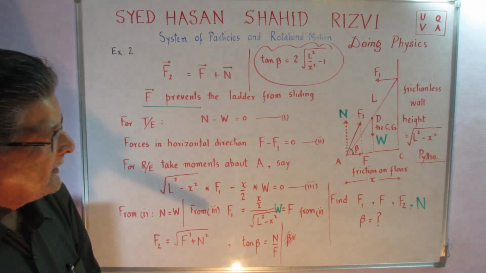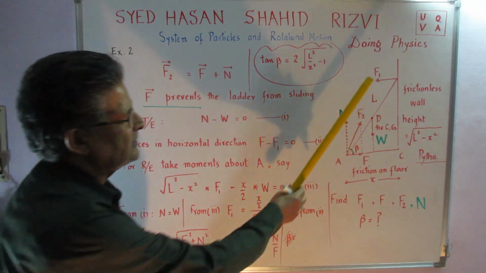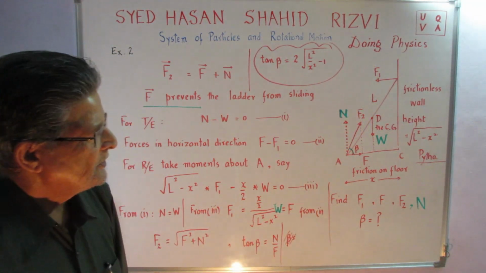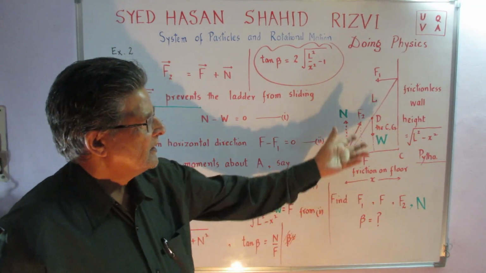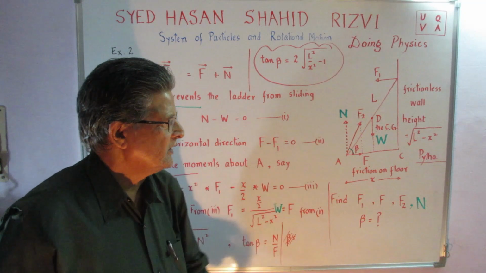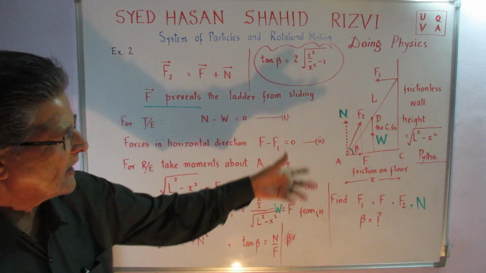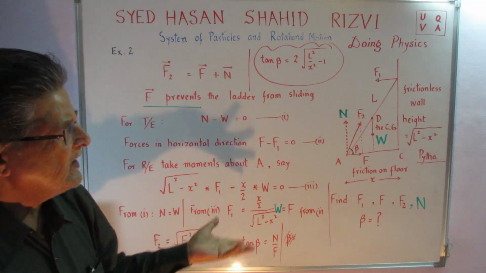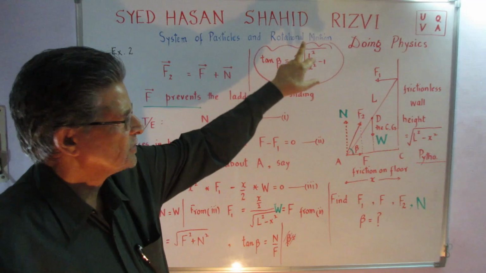Normally, in a situation like that, we tell you the length of the ladder, say 5 meters, the value of x as 1 meter, the weight maybe 10 or 20 kilograms, like that, and we ask you to calculate the value of beta, which is tan inverse of this quantity.